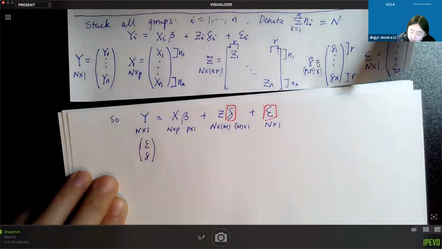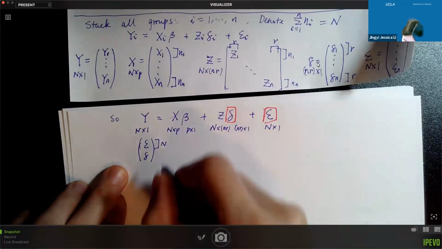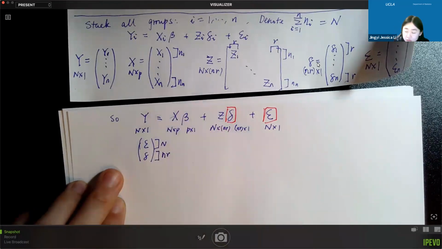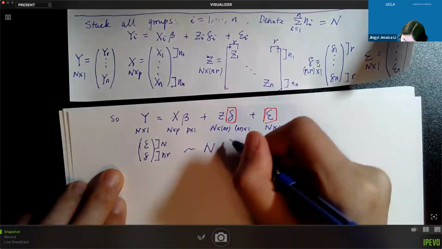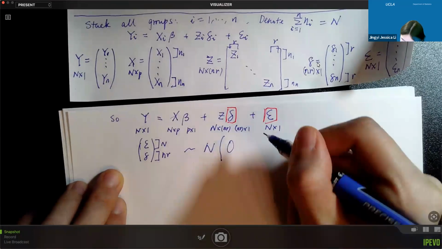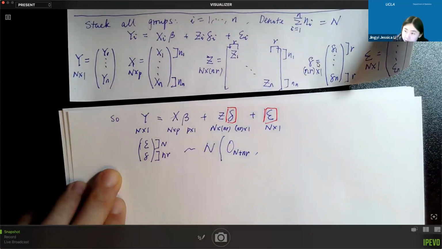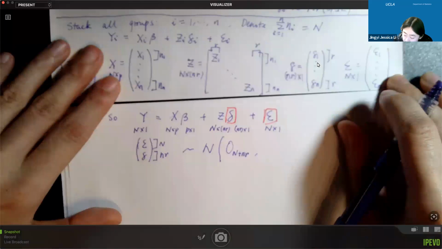Recall that epsilon is capital N dimensional, delta is NR dimensional. So their joint distribution would be multivariate normal with a mean 0, whose dimension is capital N plus NR, and the covariance matrix.